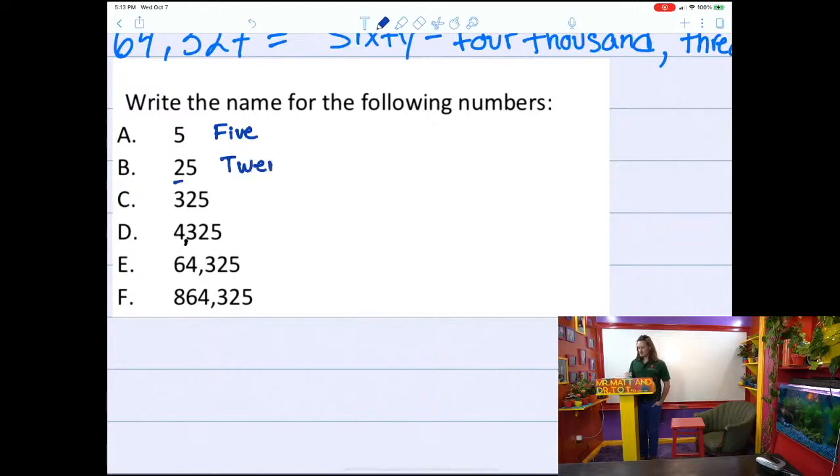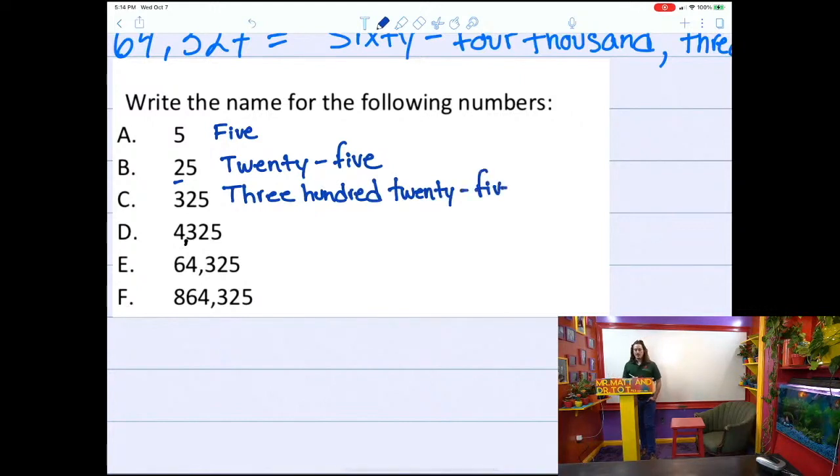Hyphenate, then write your ones digit of 5. For C, we have 325. So start with the largest value, which is in the hundreds place. So we have 300, 25. 25 needs to be hyphenated, always.